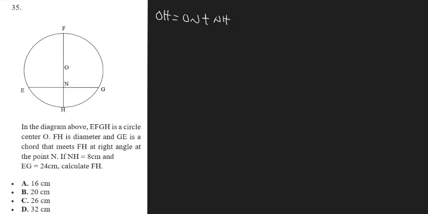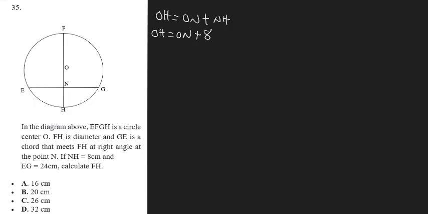From the question, we know that NH is 8 centimeters. So since NH is 8 centimeters, we can replace it here with 8 centimeters. We're going to have OH is equal to ON plus 8, right?